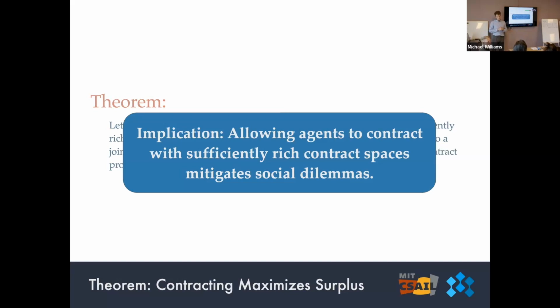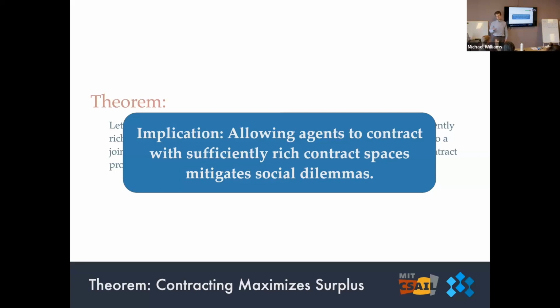Yes. What does sufficiently rich mean? High punishments, high possible transfers. I need to have that. Otherwise, I don't really care. It's going to be degenerate, but for this theorem, I essentially want to force you, if you're not doing the best thing.